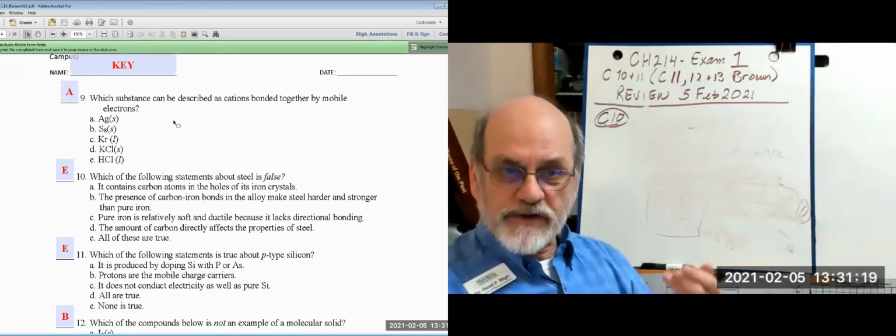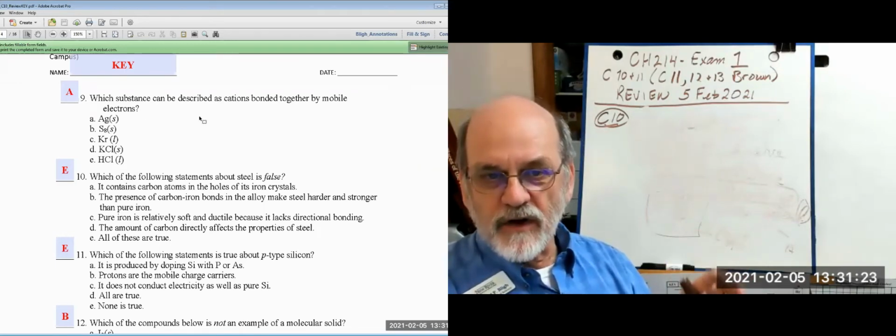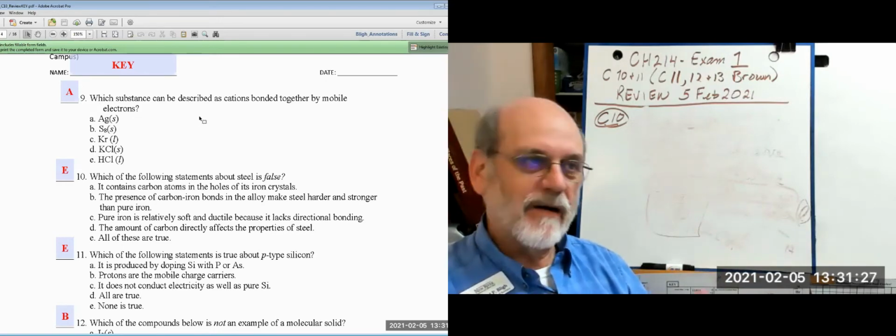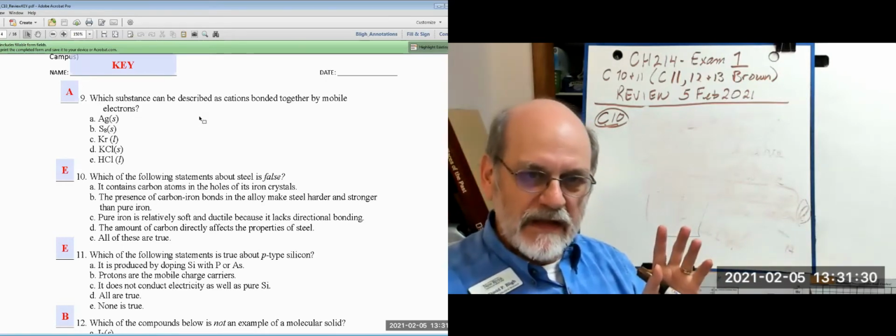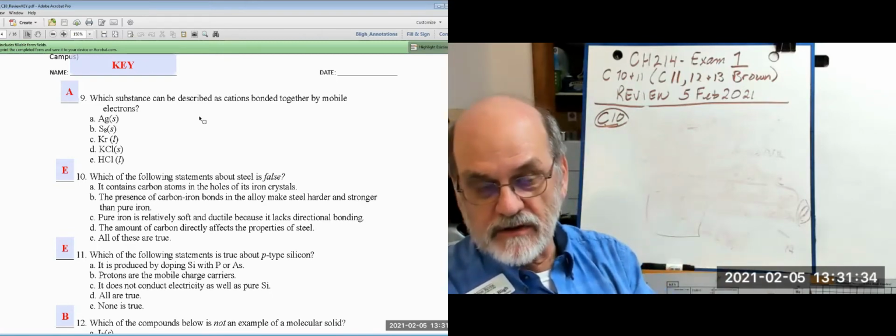Number 9, which substance can be described as cations bonded together by mobile electrons? All right. This is one of the early explanations for how metals bond to one another.